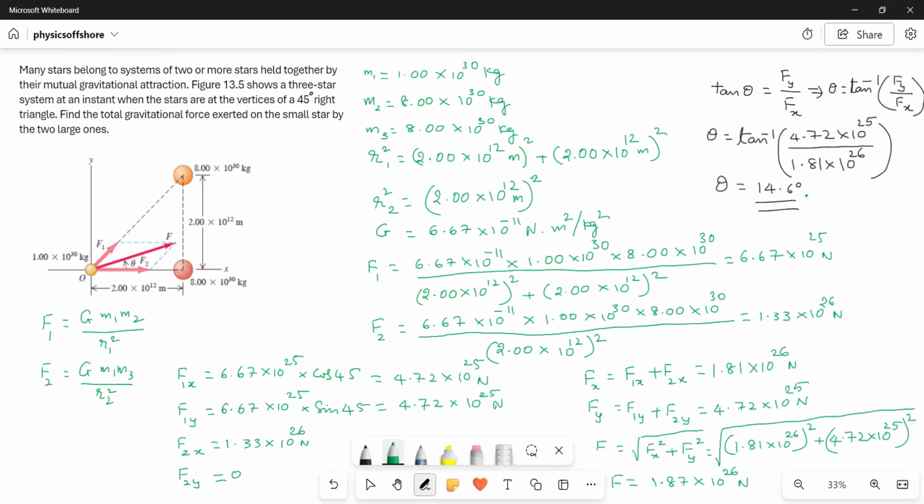This is the answer for this question. The only thing here is that these are all forces, and you have to resolve the forces into components. Once you know how to resolve forces into components, this will be easy.